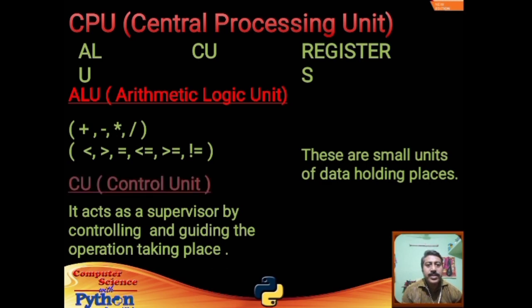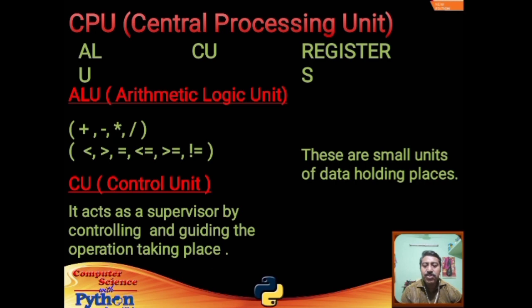Next we will discuss the CU, the control unit. It acts as a supervisor by controlling and guiding the operations taking place. We can say it controls and guides the interpretation, flow and manipulation of all the data and information.